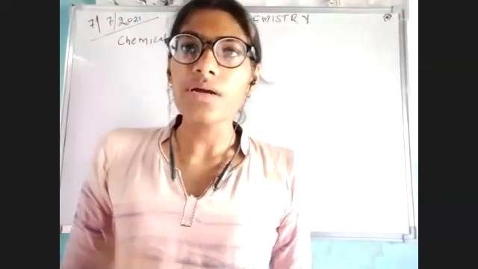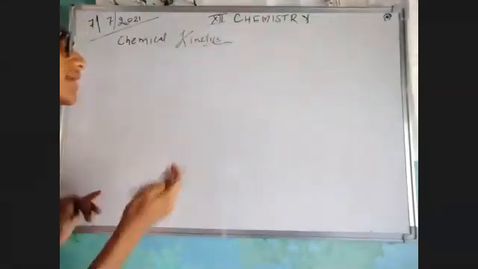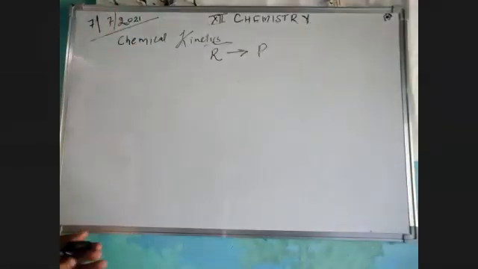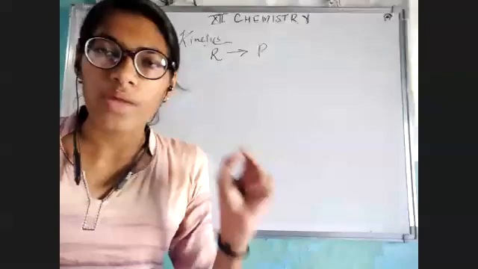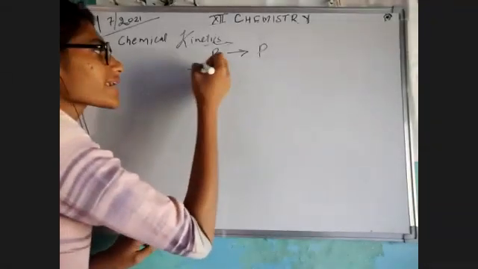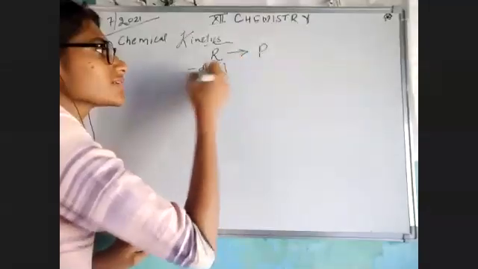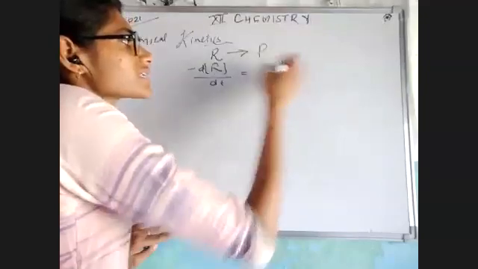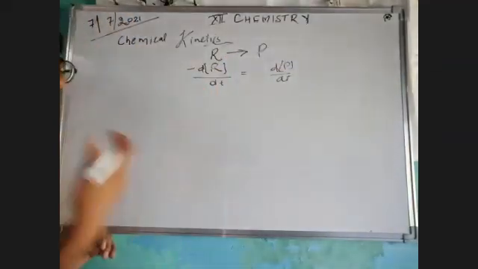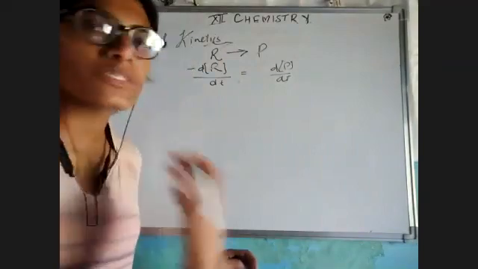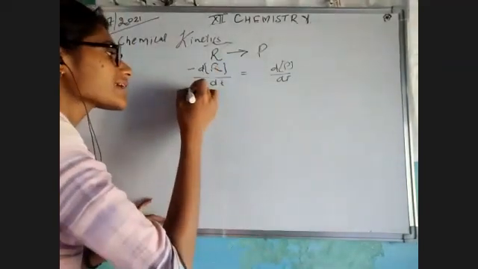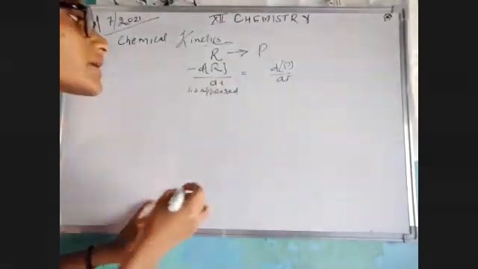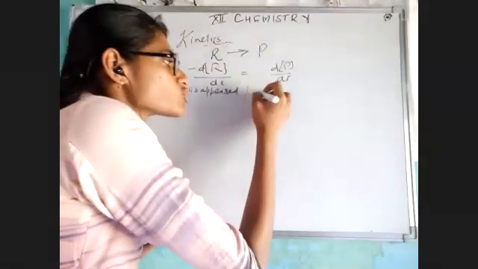Moreover, in our previous class, I told you something about the reaction when a reactant is changing to product. I told you the reason behind the negative sign: with the change of time, with the speed of the reaction, my reactant is getting disappeared, or I would like to say it is consumed.